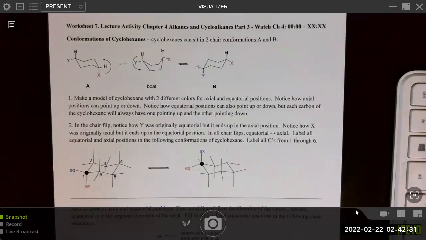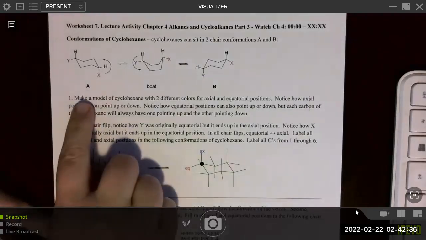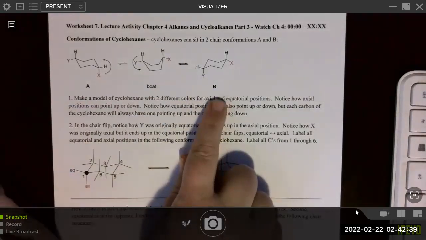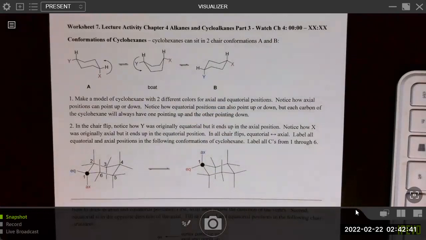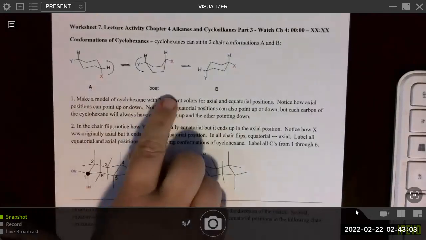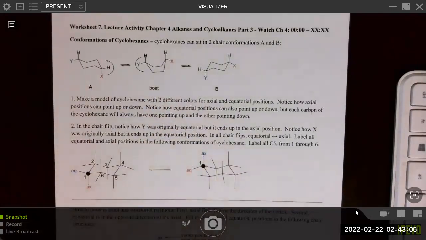And cyclohexane derivatives can exist in two chair conformations, which we've labeled here A and B. And I really recommend that you make a chair, which is a 6-membered ring with all carbons, out of your models, your model kit, and play around with them to get them to be able to switch between different conformations of cyclohexane, such as the two chair conformations and even the intermediate boat conformation.